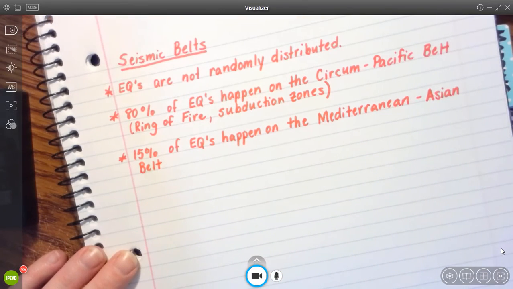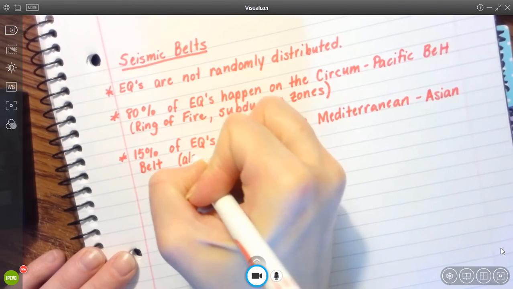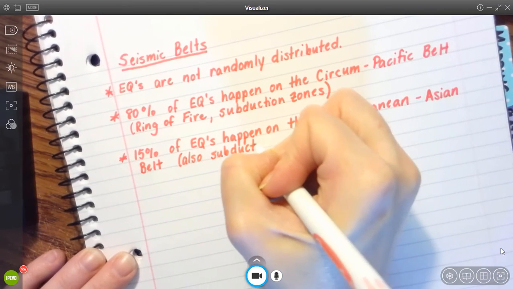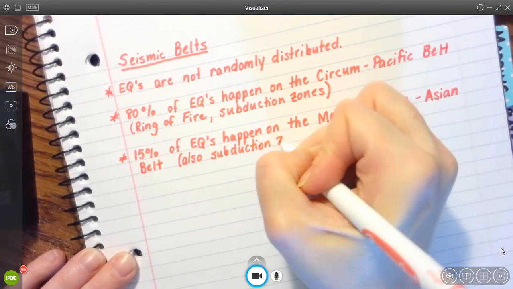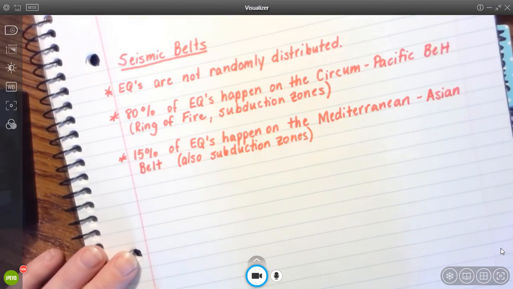So this would be like around the Mediterranean Sea, like where Italy is, you have Mount Vesuvius there. These places are also subduction zones. So again, you have those plate movements that can cause earthquakes. So 80 plus 15, 95% of the world's earthquakes occur on one of these two belts.